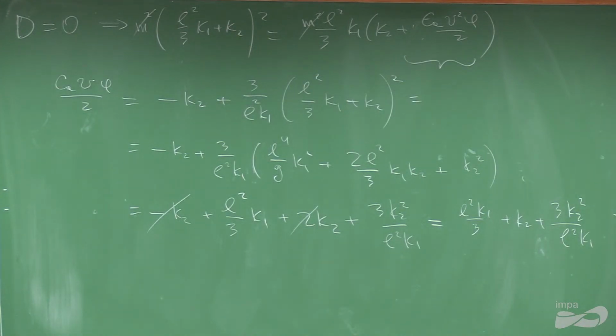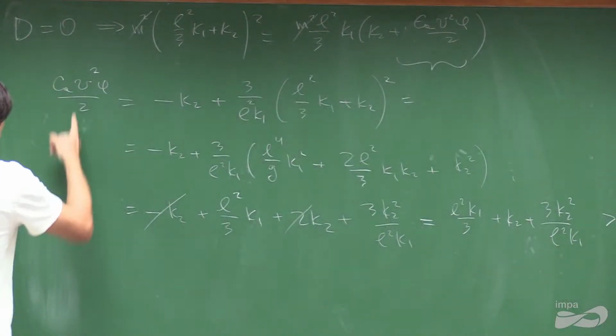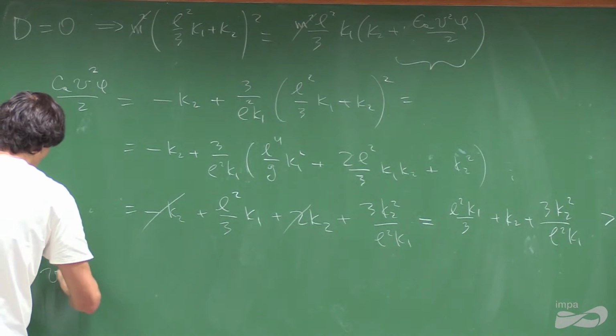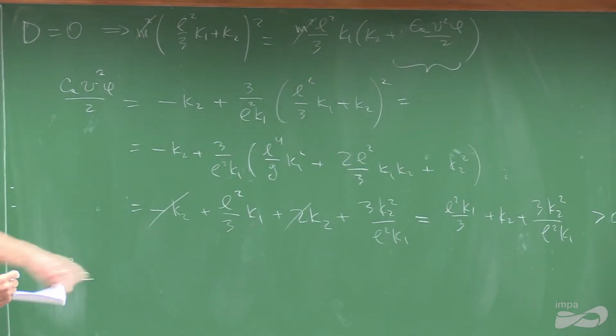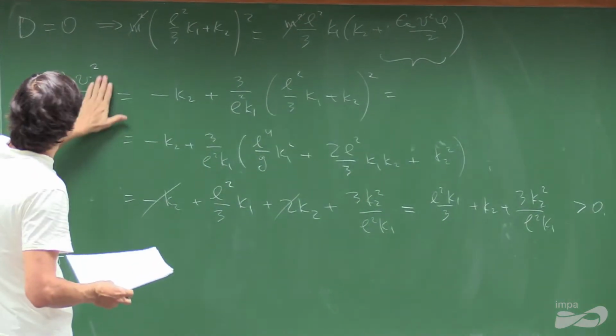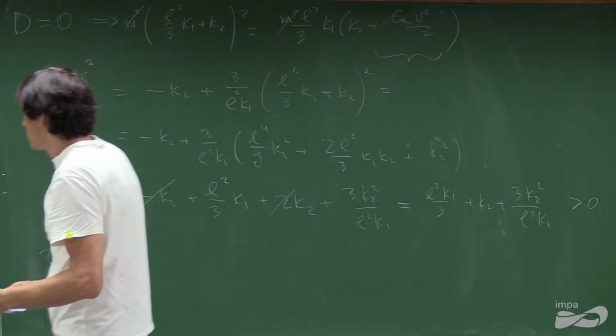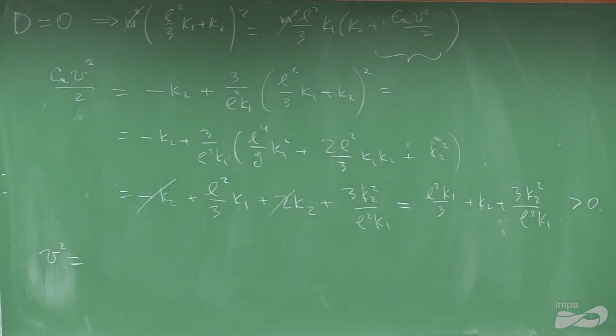And the whole way is just to find that it's positive. Because it is a square, which means that we find that V squared is just that expression divided by the coefficients, and there is no phi here. Why is there phi?